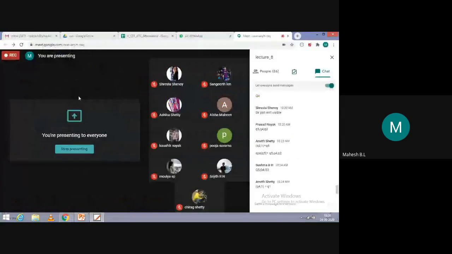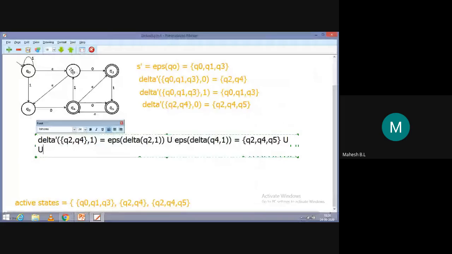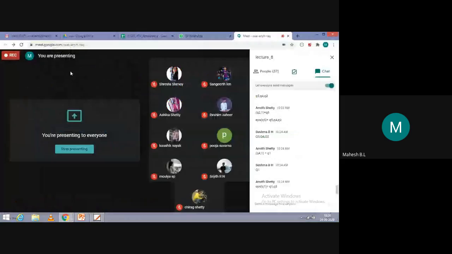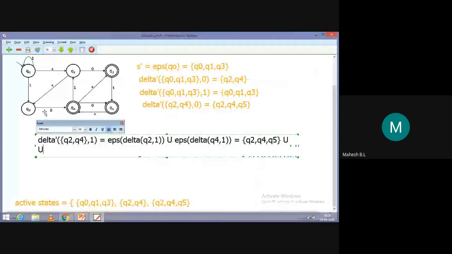What is epsilon of Q1? Epsilon of Q1 is Q1, Q3. So union Q1, Q3.